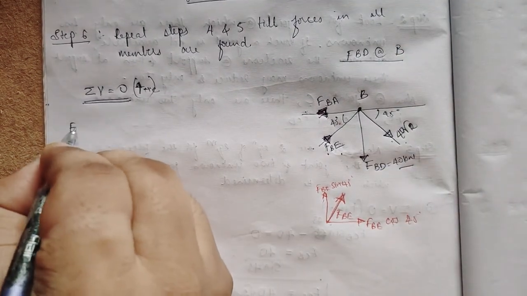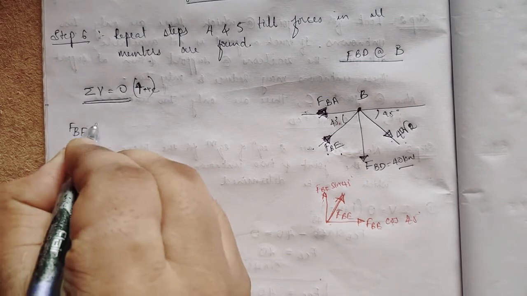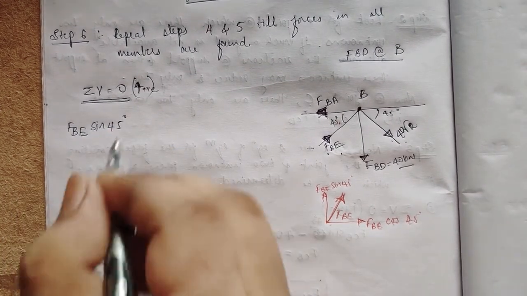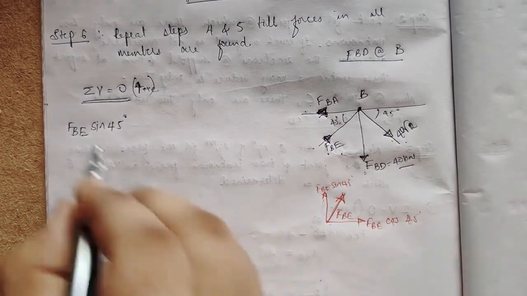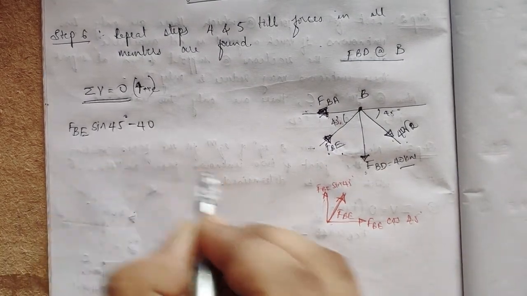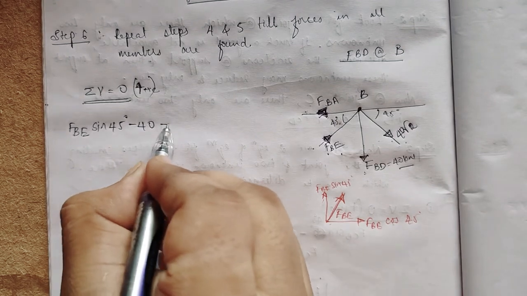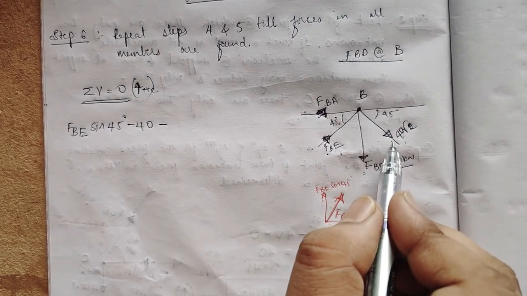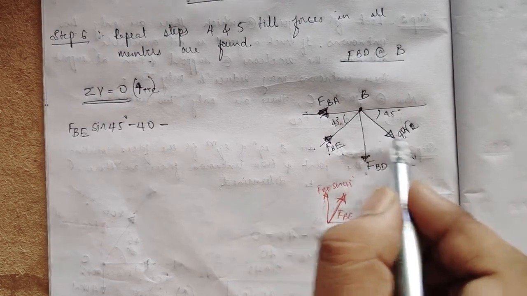So I'll write directly, that is FBE sin 45, then minus 40, it is going downwards, then this is also going downwards, so this will be 40 root 2, that is 40 root 2 sin 45.